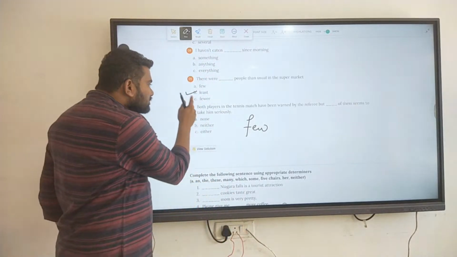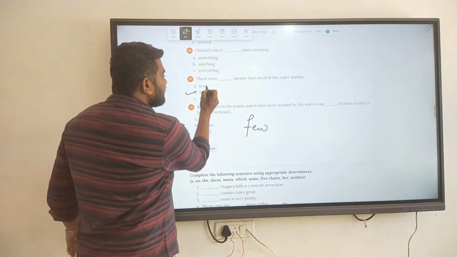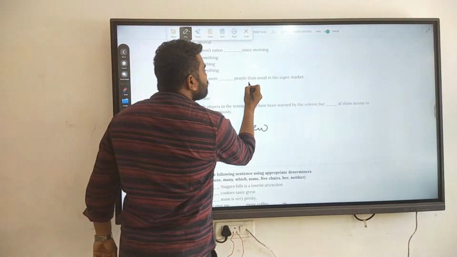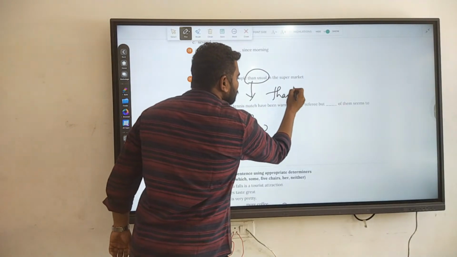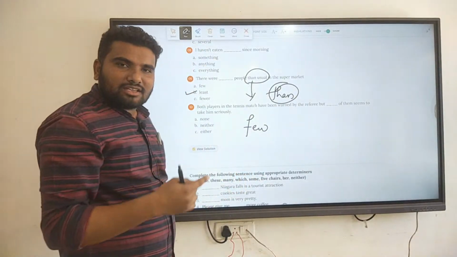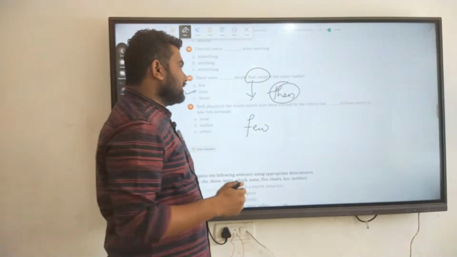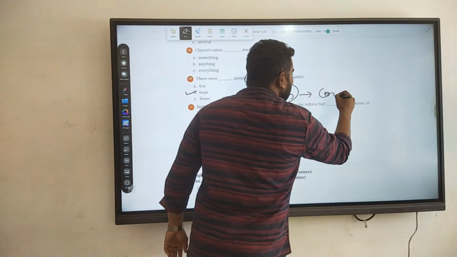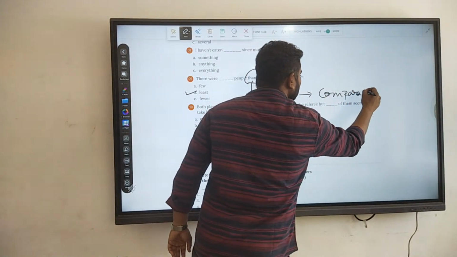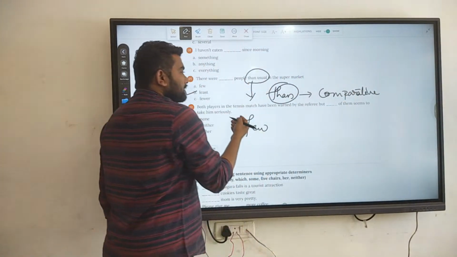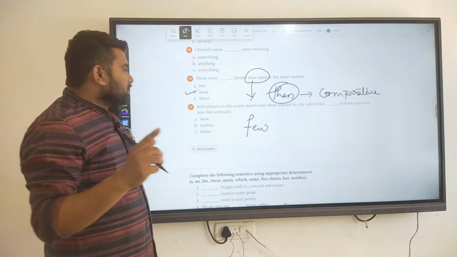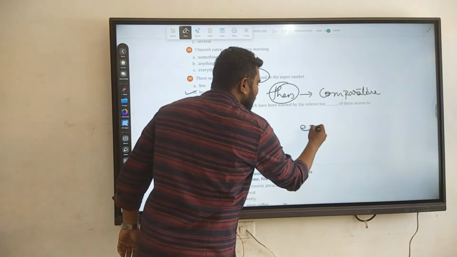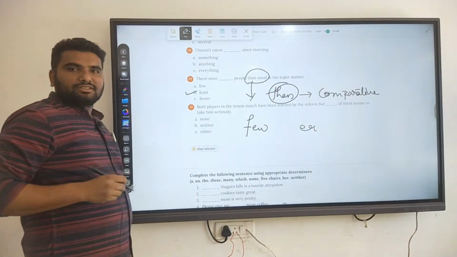But coming back to this, fewer. See, there were people than usual. So here the word than is present. So the word than is used in what? Comparative degree. So in comparative degree, the adjective we use will always end with ER. And which word ends with ER here?